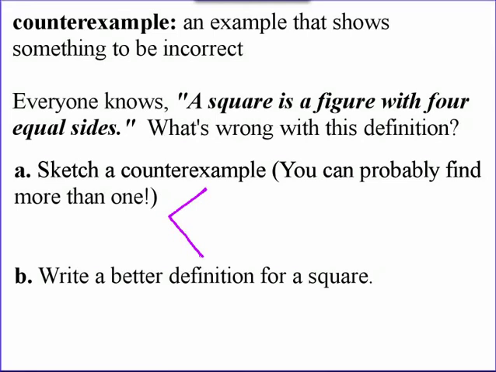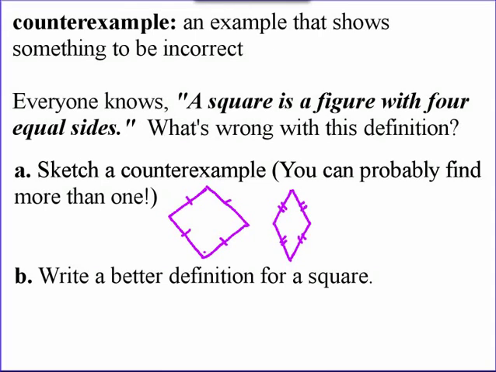No, that's okay. I know exactly what you're thinking there. So now the difference here is that we know this has 4 equal sides, but this is not quite a square. This is kind of what I think maybe you were going for.